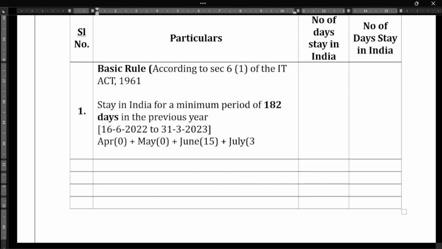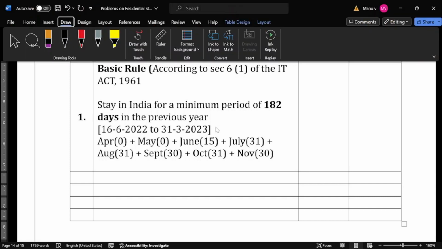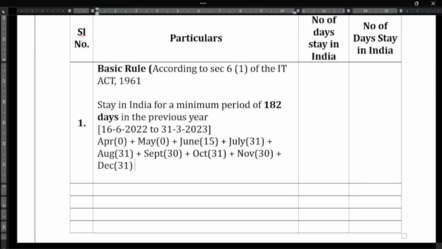Next, July full month he is there, 31 days, plus August 31 days, September 30 days, October 31 days, November 30 days, December 31 days, January 31 days, and February, which was not a leap year, so 28 days, plus March 31 days.